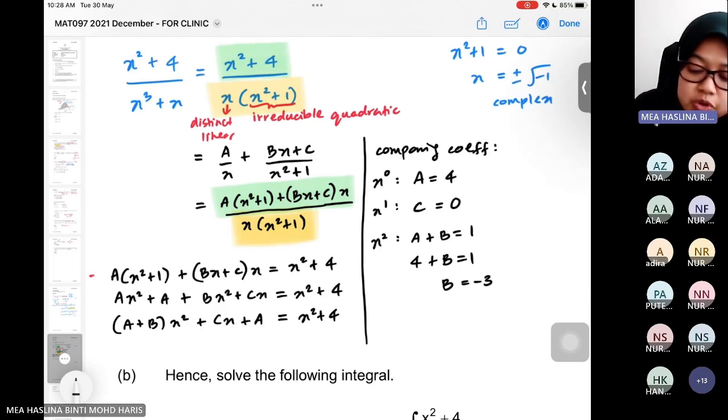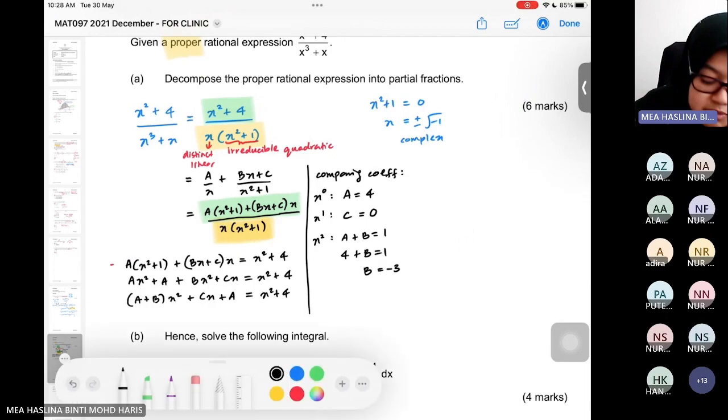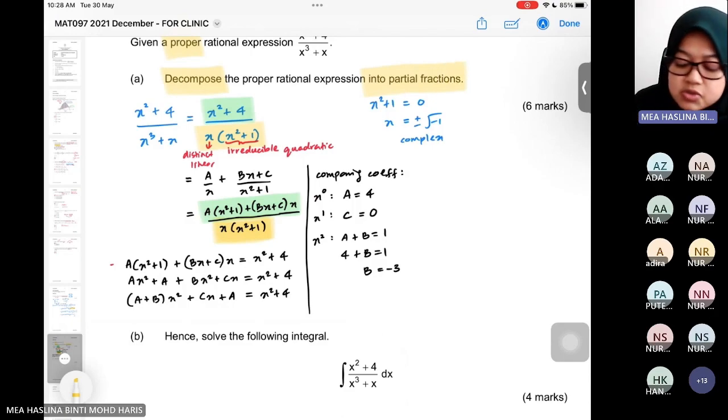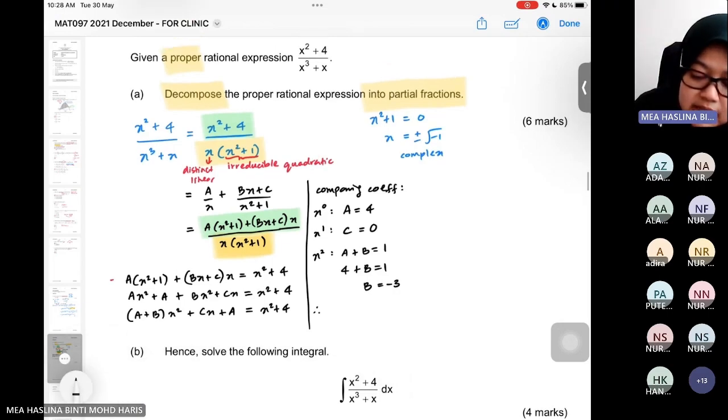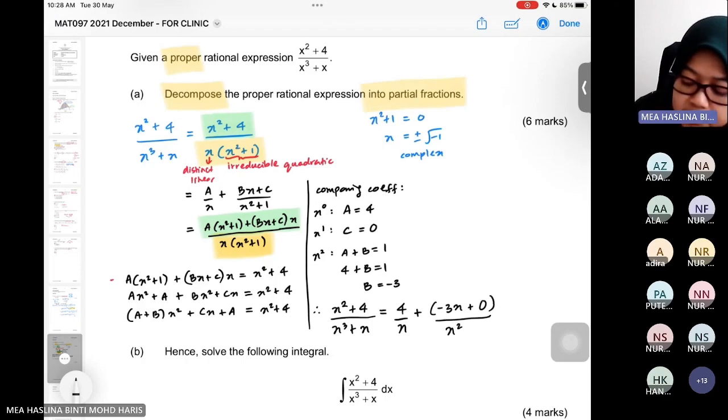So you have to rewrite your answer, because the question is asking you to decompose into partial fractions. Not only giving A, B, and C, but you have to rewrite it. Therefore, x squared plus 4 over x cubed plus x equals, rewriting the value of A, 4 over x plus negative 3x plus C, which is 0, over x squared plus 1.